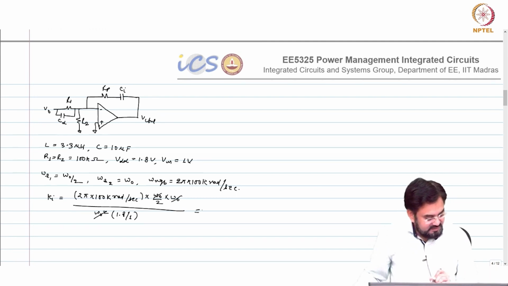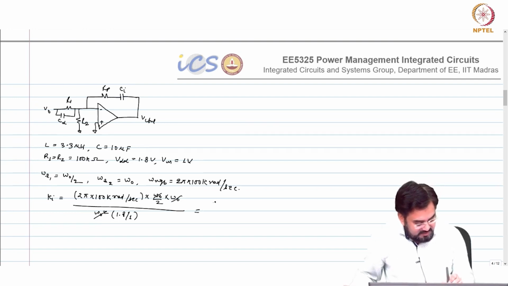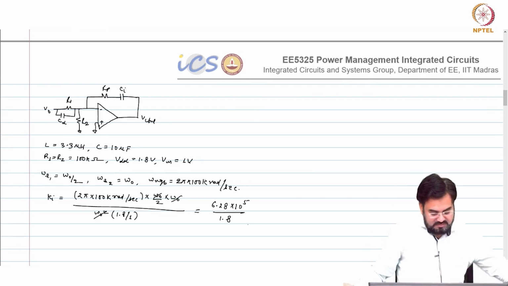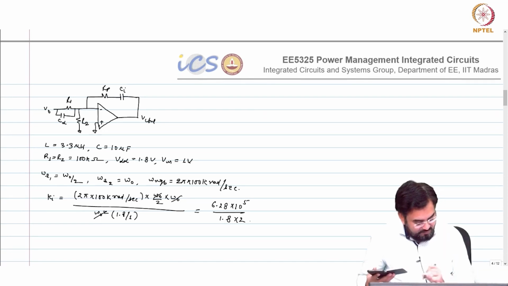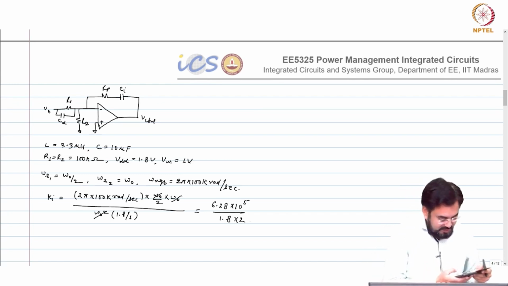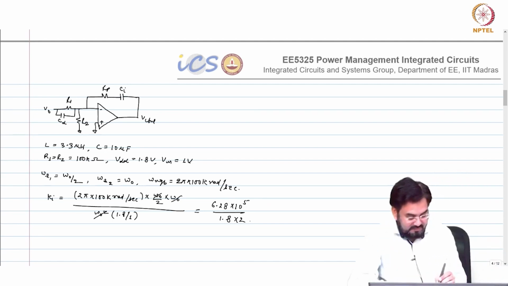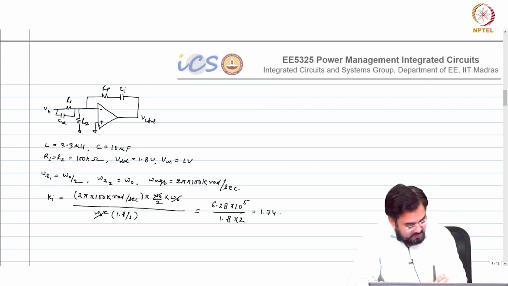What is the value of this? 6.28 into 10 power 5 over 1.8 into 2. So 6.28 divided by 3.6 is 1.74 into 10 power 5.